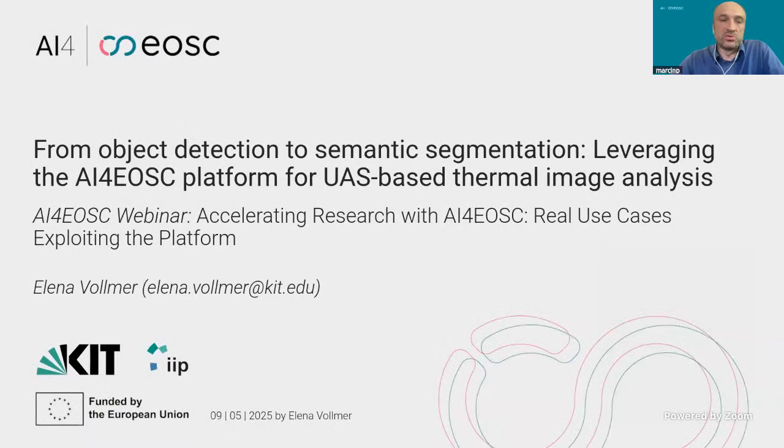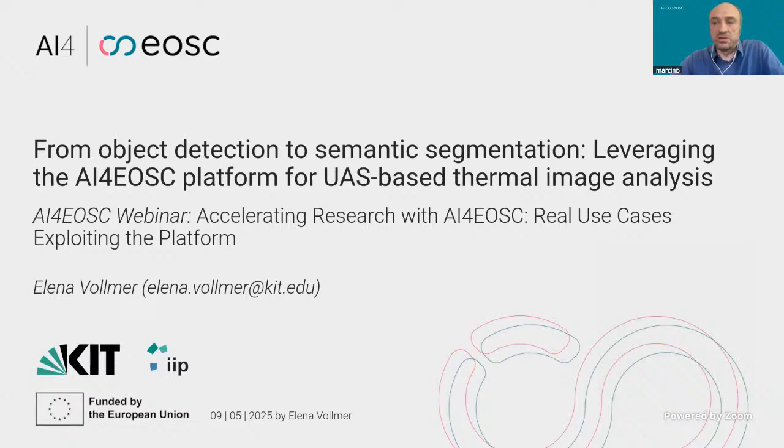And basically, we are moving now to the next presentation, From Object Detection to Semantic Segmentation, by Elena Vollmer from KIT. So, Elena, if you can share your screen while I introduce you. Elena Vollmer holds a Master of Science degree in mechanical engineering from the Karlsruhe Institute of Technology in Germany, where she is currently a PhD student and research associate at the Institute for Industrial Production.